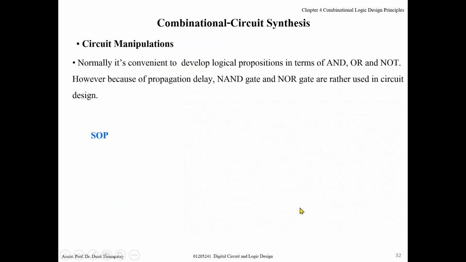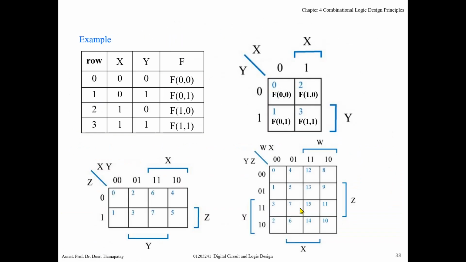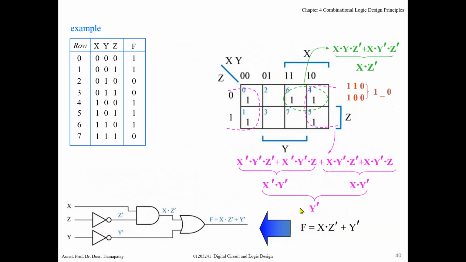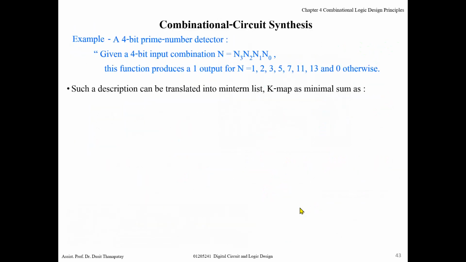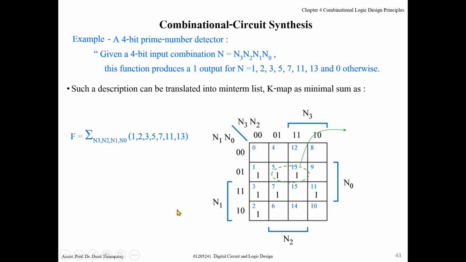But if you use a K-map to find the function, something like this. From this one, you can write and focus, or concentrate, just on the logic 1 output here and here and here. So I find the product terms to complete the function.